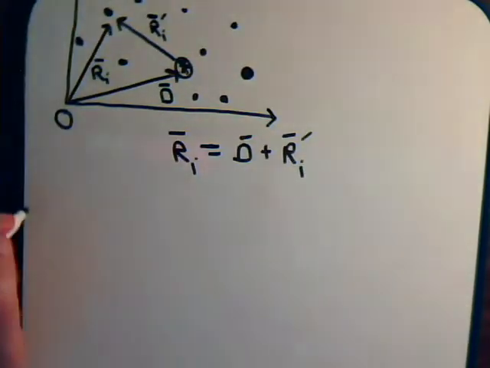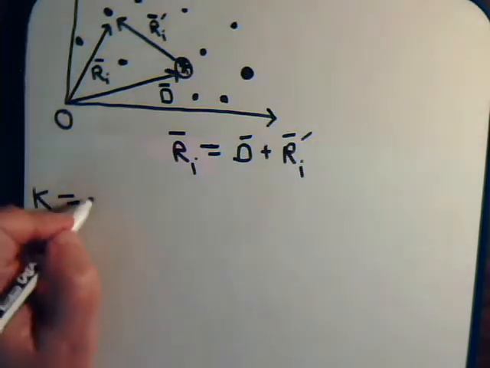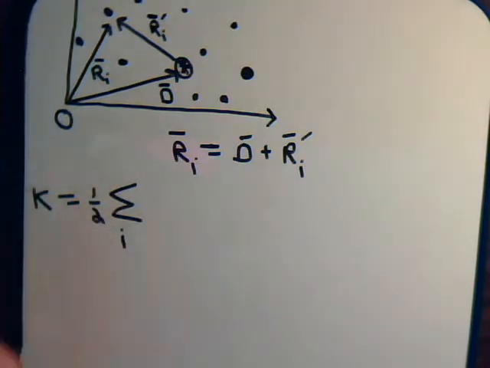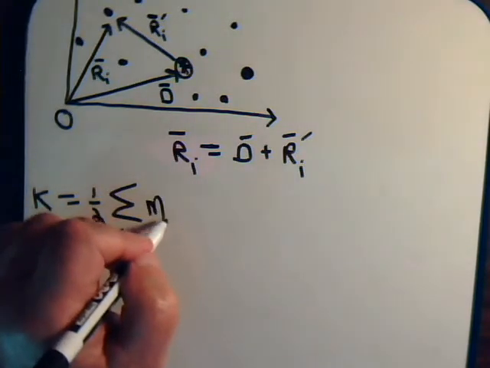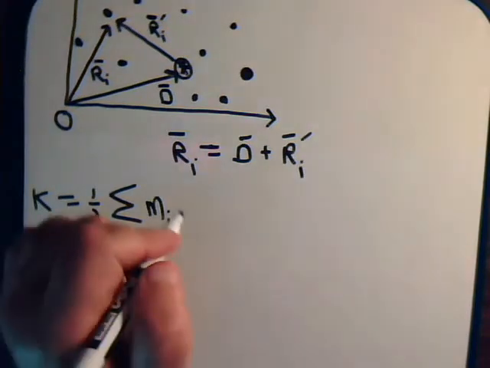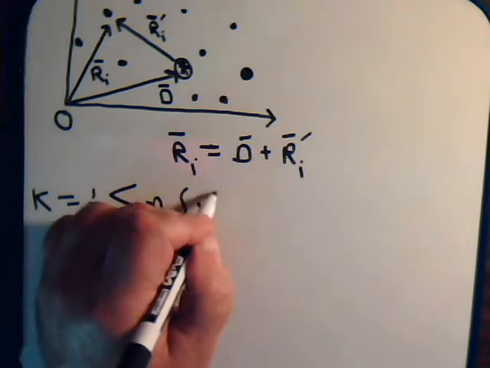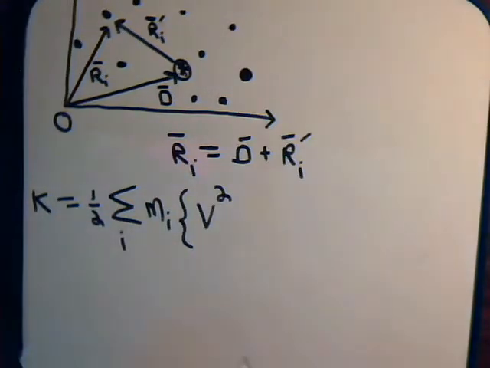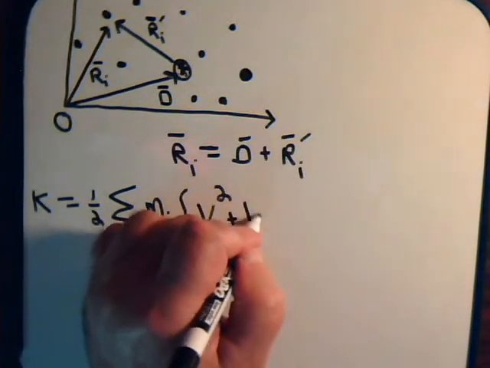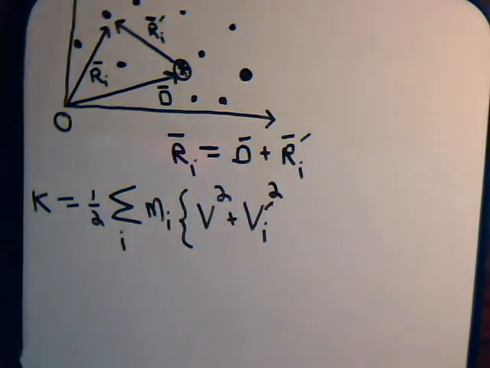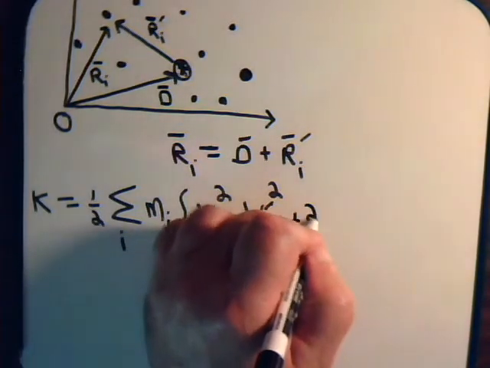So we have kinetic energy equals 1/2 summed over i, then we had mi vi squared, and vi squared is this expression: the velocity squared of the center of mass plus the velocity squared for any particle about the center of mass plus this cross term.